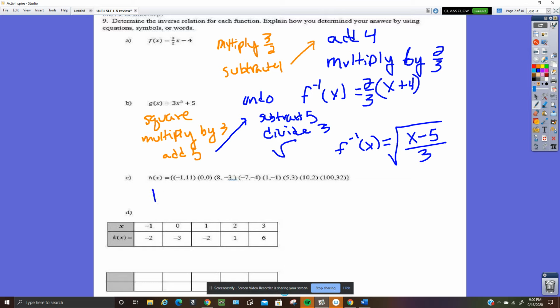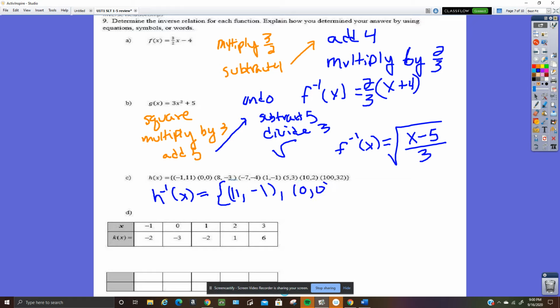And the inverse here of h of x, so h inverse of x, you are just going to swap the x and y values here.